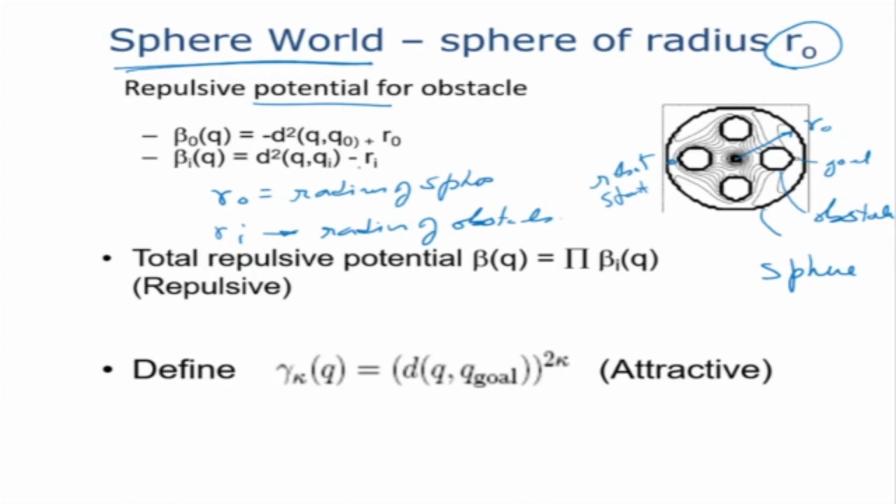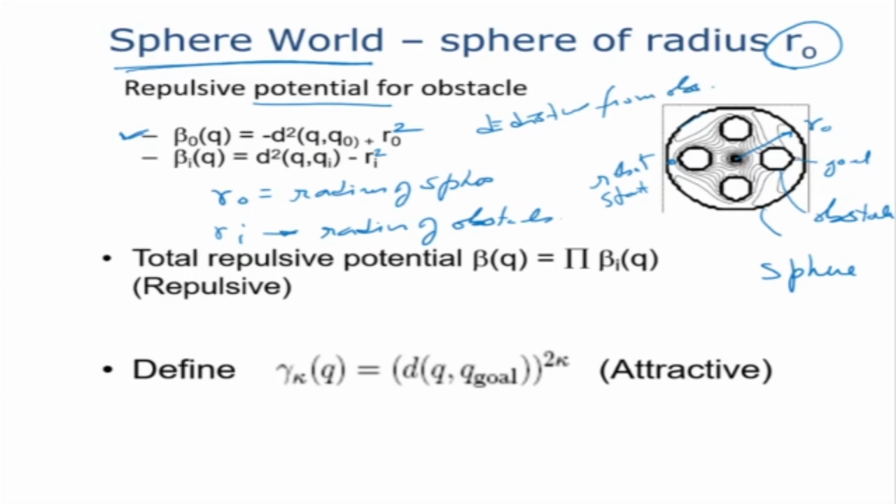Now beta is the repulsive potential, which is equal to minus d squared into q into r naught squared. This is the repulsive potential for the larger, outer sphere. For an obstacle, it is d squared minus ri squared. What is d? D is the distance from the obstacle.